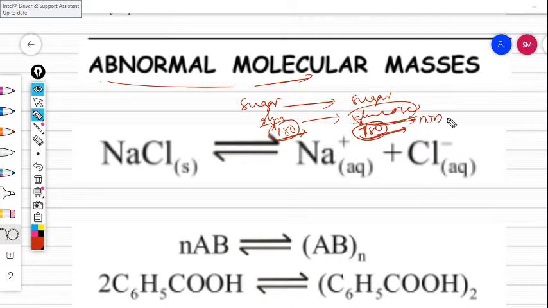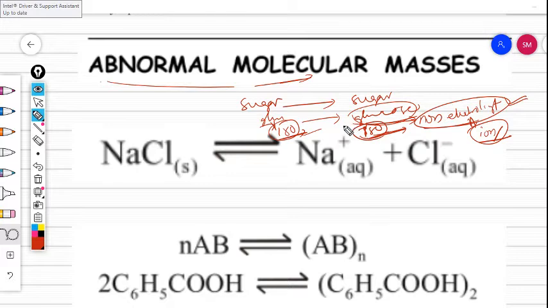It can be said to be a non-electrolyte. Non-electrolytes are those which cannot form ions by dissociation. So if it is a non-electrolyte, there is no change in the molecular weight, and we are not concerned with the colligative properties as well.